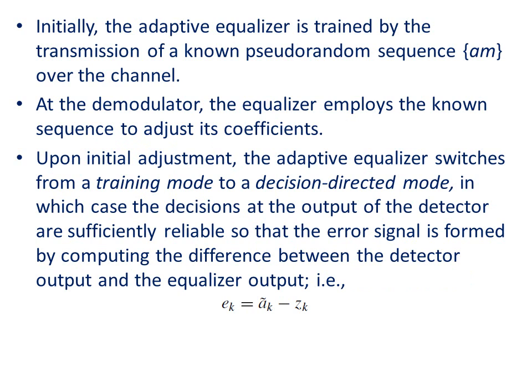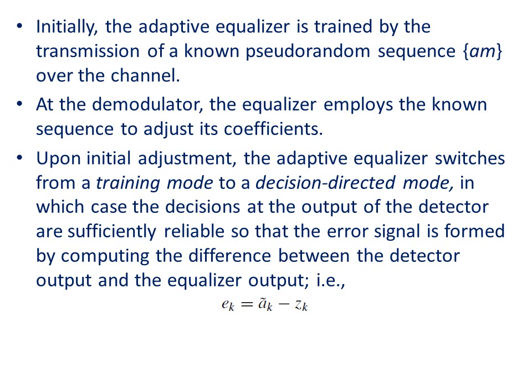Initially, the adaptive equalizer is trained by the transmission of a known pseudo-random sequence over the channel. At the demodulator, the equalizer employs the known sequence to adjust its coefficients.